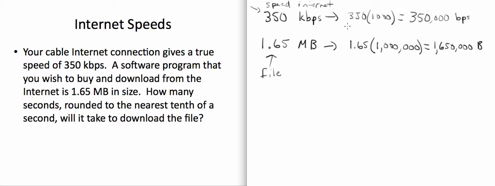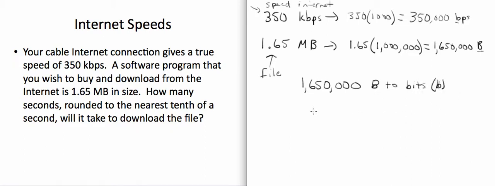Okay, so we want to take what we're trying to download divided by how fast it's going to take us. But this is in big B, and this is in little b. So we need to convert our 1,650,000 bytes, big B, to bits, or little b.